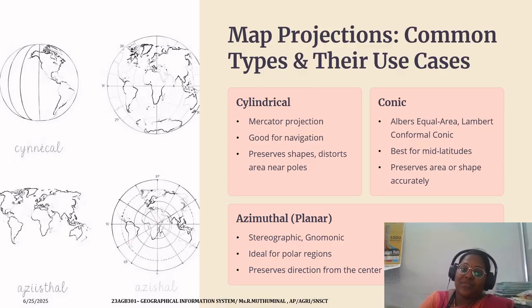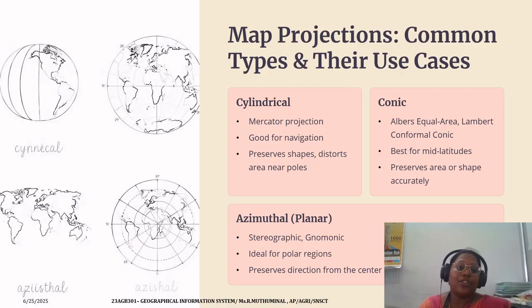As I said in the previous class, there are two kinds of projection: one is Mercator and the other involves Albers equal area. The Mercator projection is usually used for navigation purposes, which is really good. It preserves shape but distorts the area near the poles. But for the conical projections, the Albers equal area and the Lambert conformal conic will be considered.